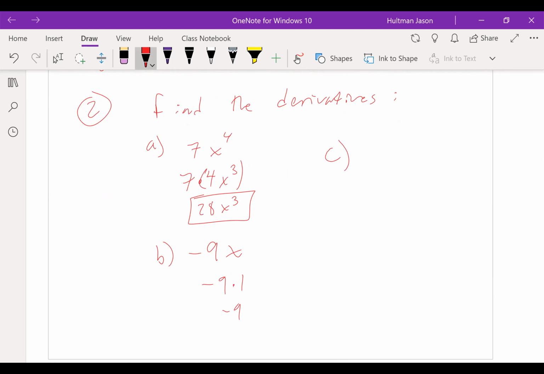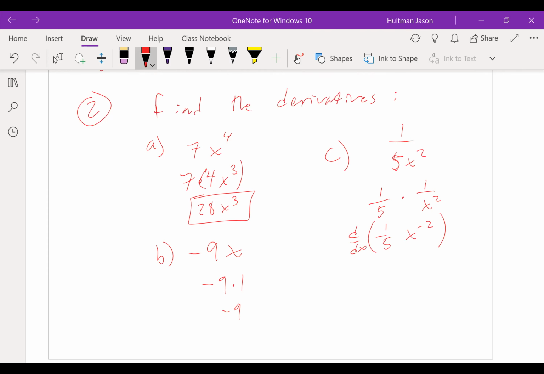Let's put C over here. What about the derivative of 1 over 5x squared? What's that going to be? You can think about this as 1/5 times 1 over x squared, or we can think of this as 1/5 times x to the negative second power. Now I want to take the derivative of this, d dx of this thing.